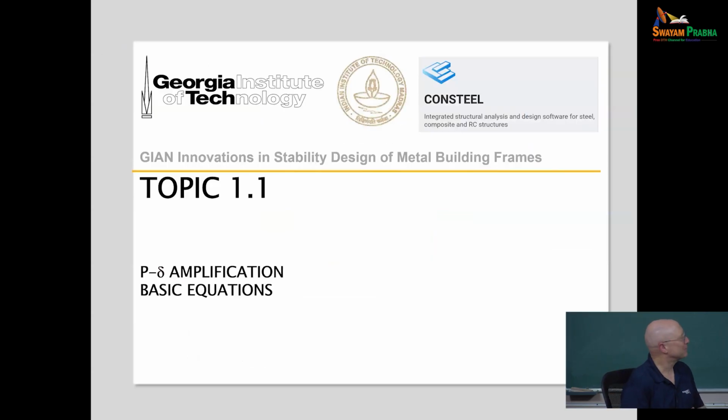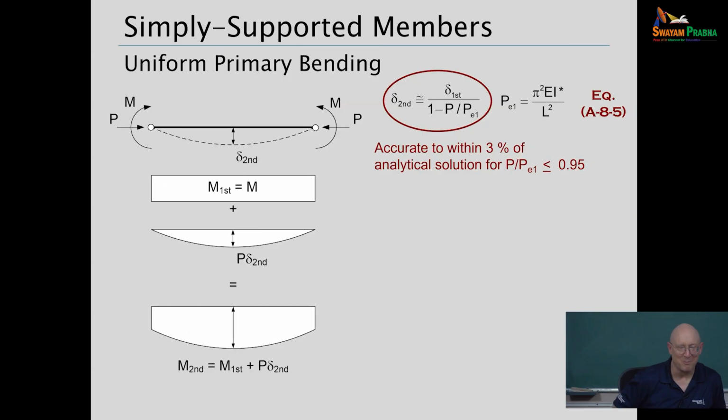All right, so topic 1.1. Let's start with the most basic problem you can possibly talk about in terms of second order effects. We've got a member that's subjected to axial compression and subjected to equal and opposite bending moments, so it's in uniform primary bending.